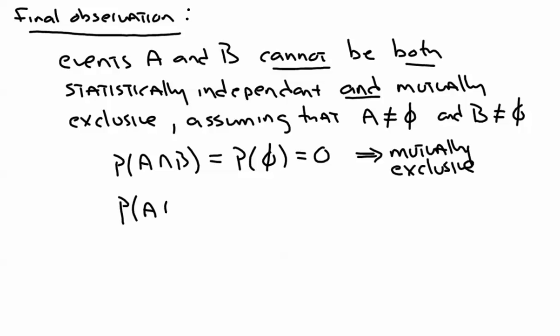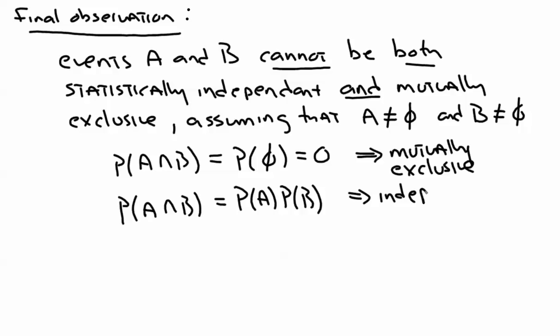Probability of A intersect B equals the probability of A times the probability of B. All right? The point of all of this being that it is not a true statement to say that if events A and B are statistically independent, then they have no common elements. That is not true.